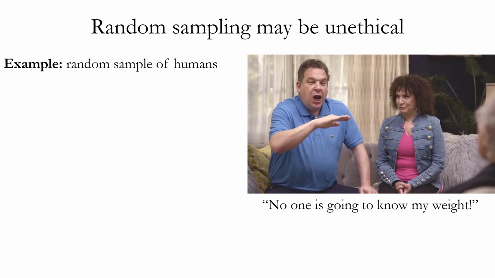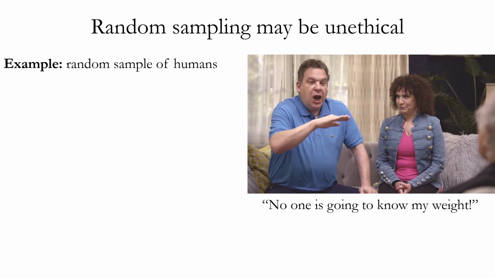Random sampling can also be unethical, especially when you're looking at human subjects. So suppose you wanted to figure out the average weight of humans, or the average weight of just people in the United States, like in my previous example. Well, if you had a complete list of the names of residents of the US, that itself could be impractical to get. Suppose you draw 100 or 1,000 names from that list, and you somehow track them down.